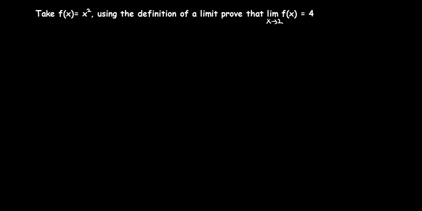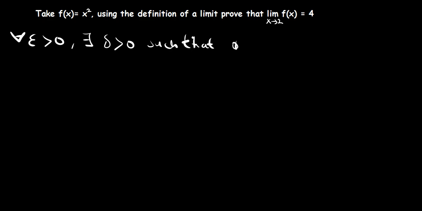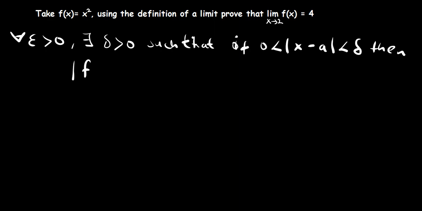The definition of a limit states that for every epsilon greater than 0, there exists a delta greater than 0 such that if 0 is less than modulus of x minus a, less than delta, then modulus of f of x minus the limit is less than epsilon.